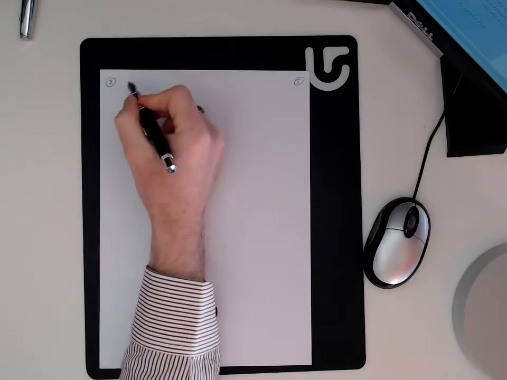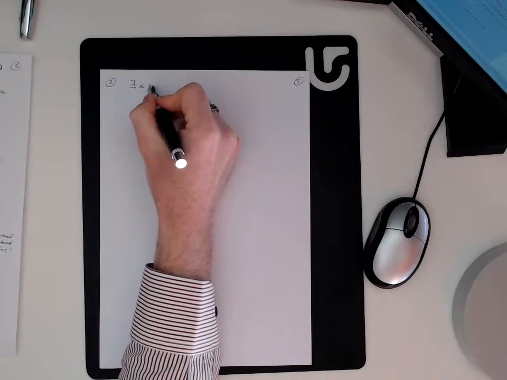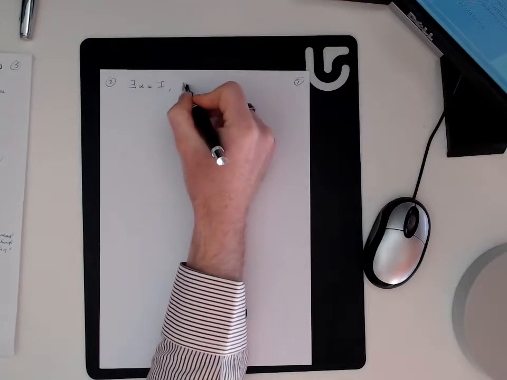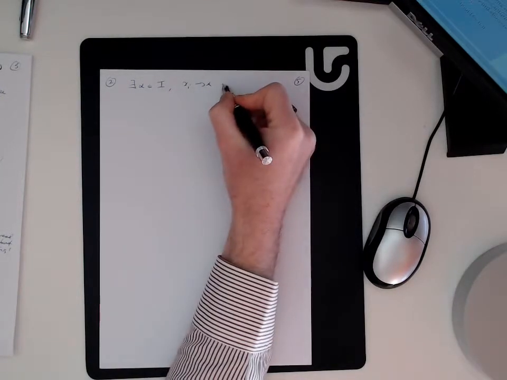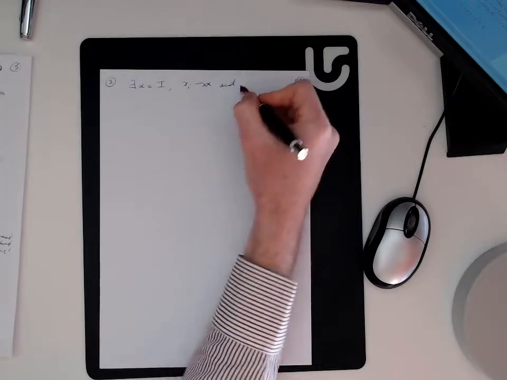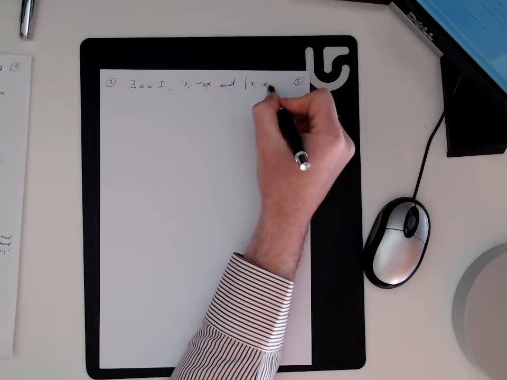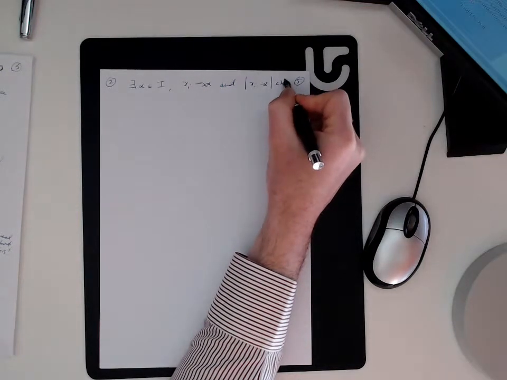Two. There exists alpha, an element of I, so that the x_i converge to alpha, and the distance between x_i and alpha is at most lambda^i rho.